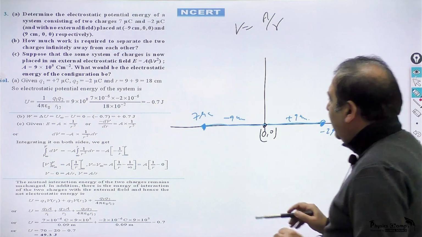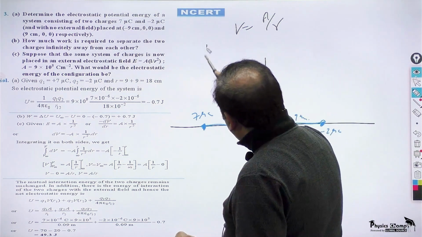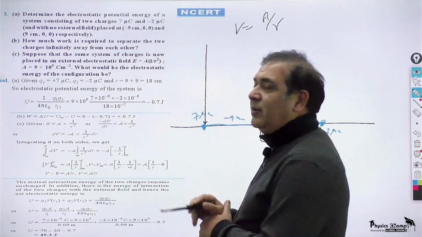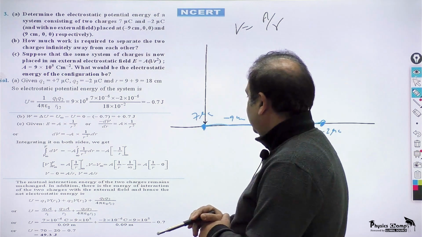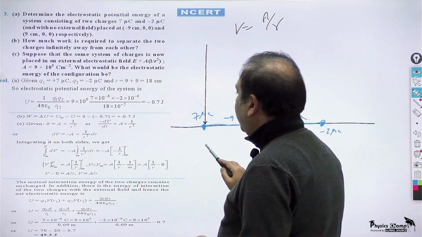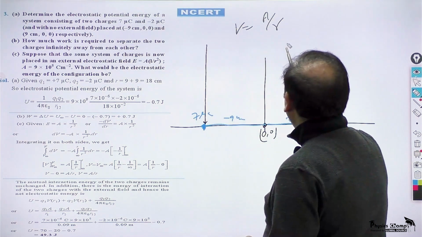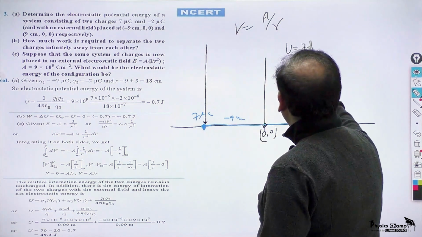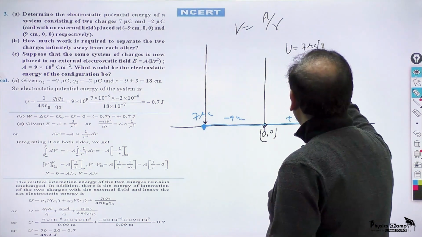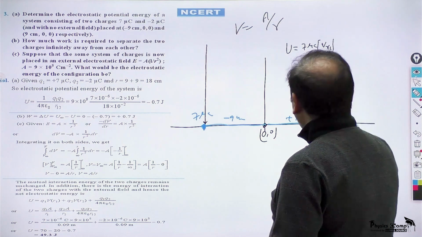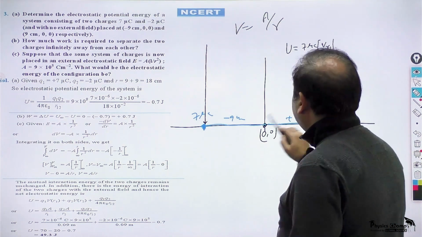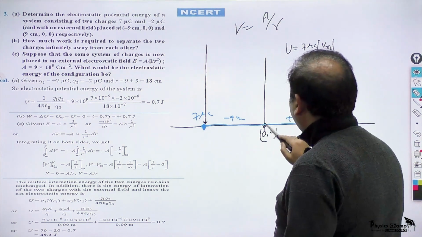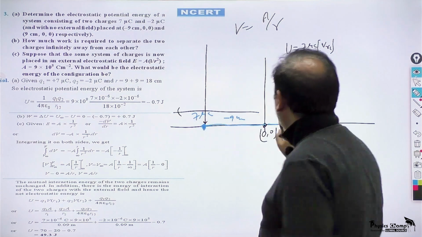So if I ask how much work is done to bring it from infinity to this place, I would say its potential energy would be 7 microcoulomb into VR1, due to whichever electric field is there.